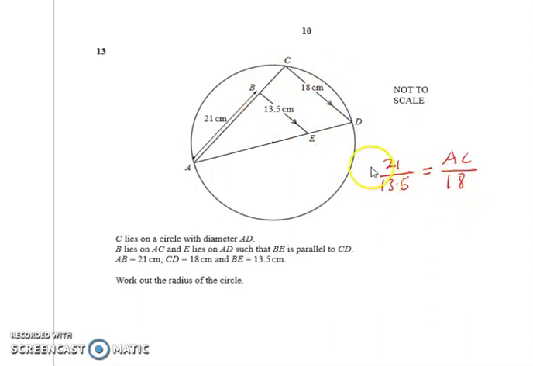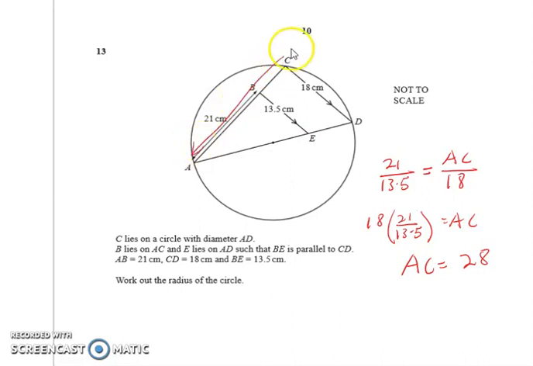Now this 18 will move there and become multiplied by 21 over 13.5. When you calculate this, you'll get AC as 28. AC is 28 at this part.